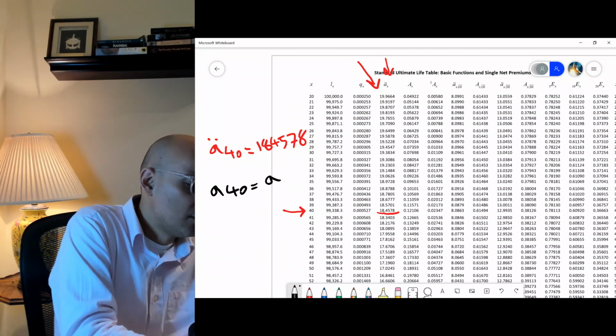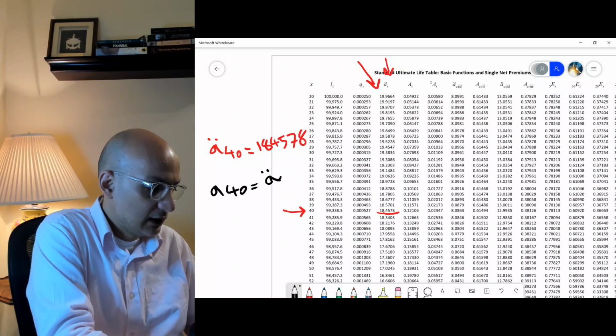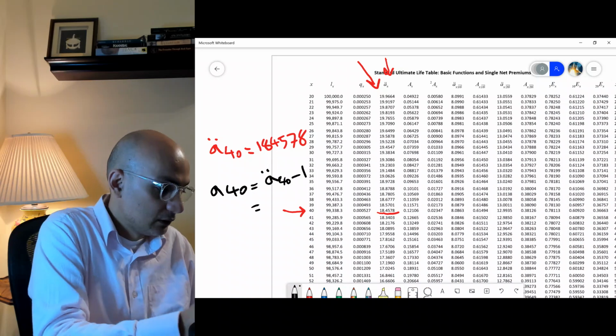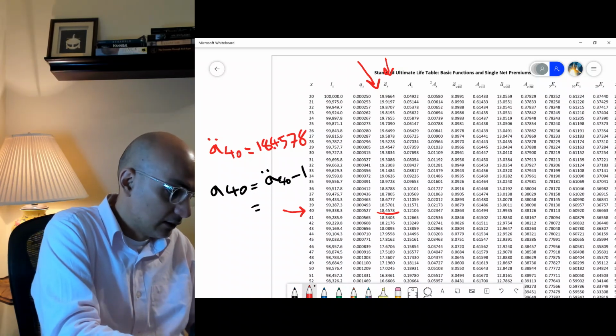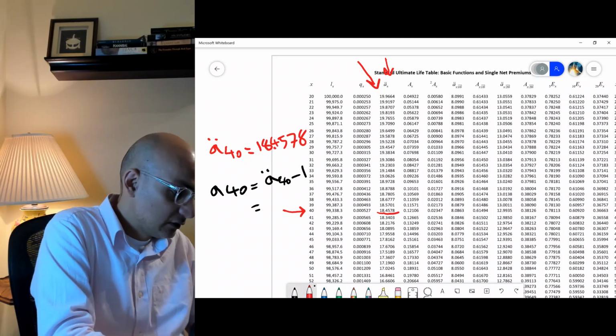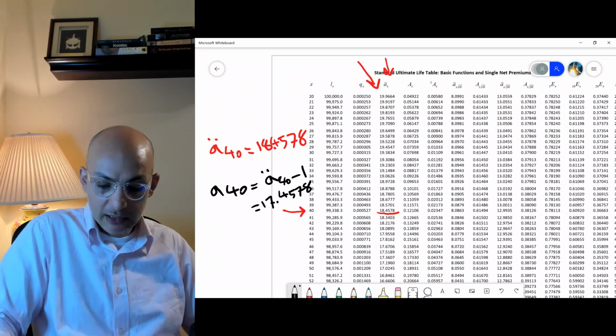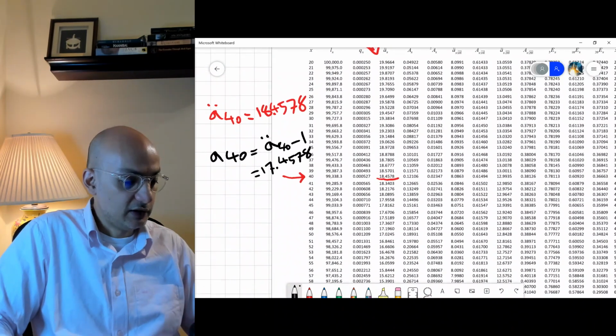If you go back to what we discussed last session, you take ä40 and subtract 1. So it will now be 17.4578, right?